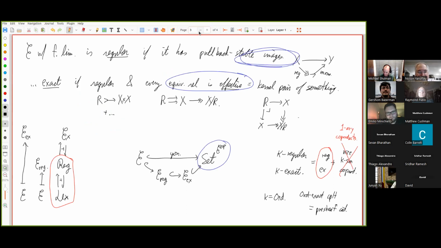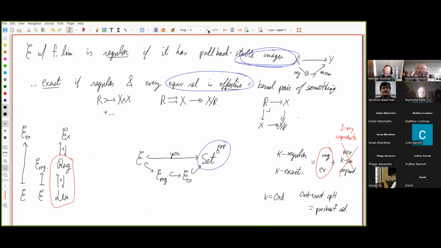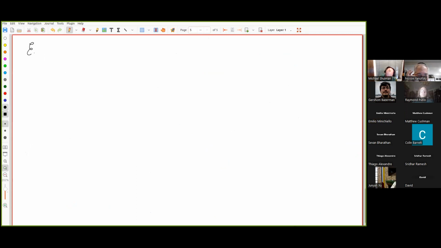Right. So this is the idea of what's going on, and why there's an issue. You have this notion of groupoid, which is the natural, obvious, naive version, but then you don't get back the ordinary notion of set as the discrete objects. But then there are also other notions of set. There's this exact completion also. The objects of the regular completion are equivalence relations. The objects of the exact completion are what are sometimes called pseudo-equivalence relations.